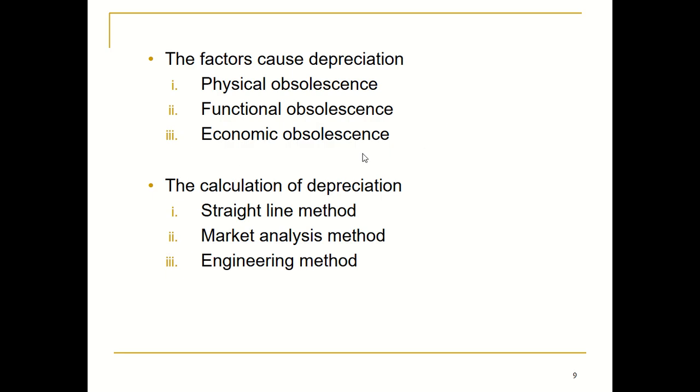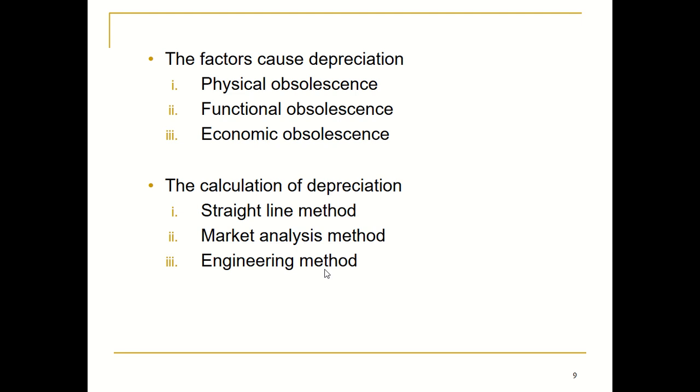Economic obsolescence may be caused by the iron price decreasing, so that is why our construction cost will be reduced. Calculation of depreciation is based on straight line, market analysis and engineering.